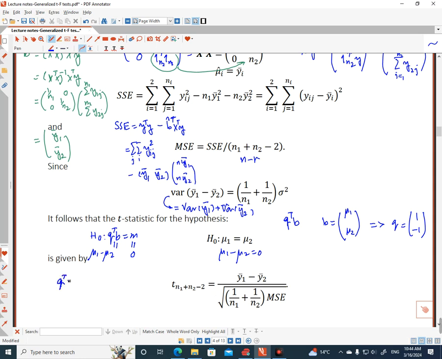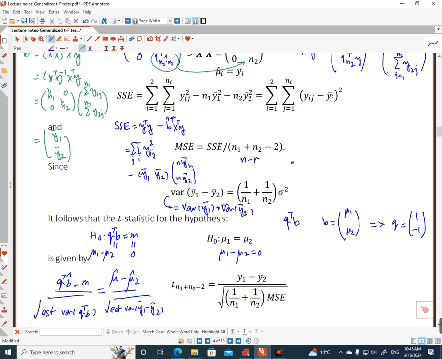It must be q prime b hat minus m divided by the estimation of the variance of q prime b hat, which you can write as mu hat 1 minus mu hat 2, with m equal to 0, and then the estimation of the variance of y bar 1 minus y bar 2. And we have all the elements, and you can see that this is the test statistic in order to test this null hypothesis.